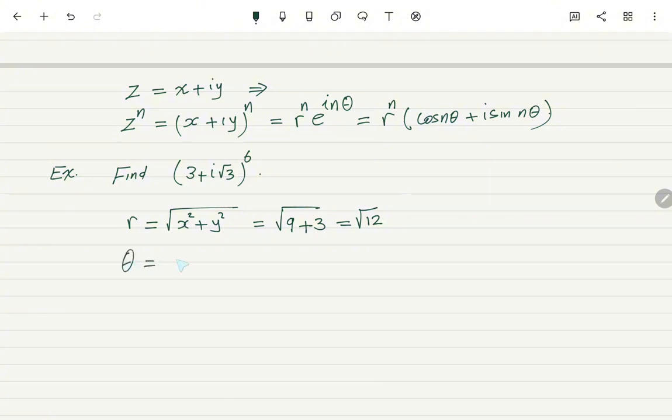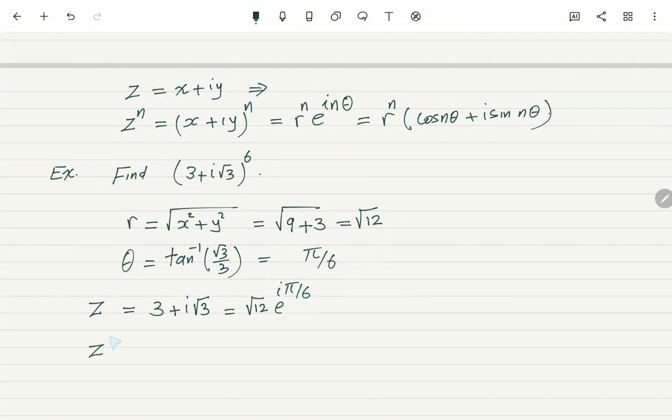Theta is equal to tan inverse of y over x, which in this case equals pi over 6. Therefore, z equals 3 plus i square root of 3, which equals square root of 12 e to the i pi over 6.